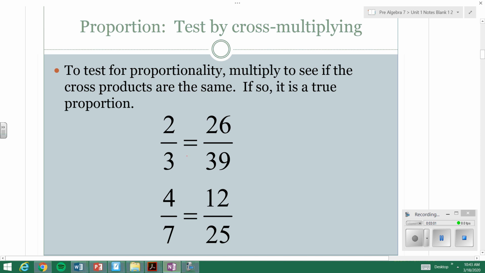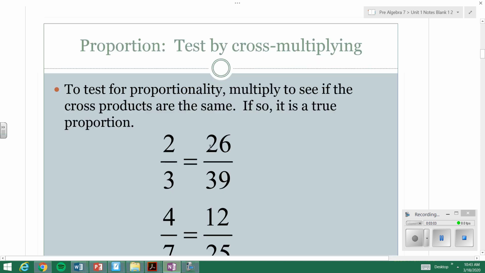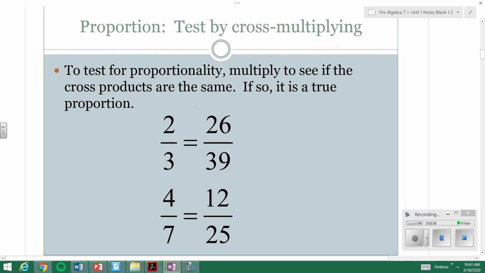So if this is a true proportion, like the last one was, that means this cross product, cross multiply, that means the numerator of the right-hand side fraction ratio and the denominator of the left-hand side, when I multiply those two numbers, that should come out to the same exact product as if I were to multiply the other two numbers. Let's check. So 3 times 26.